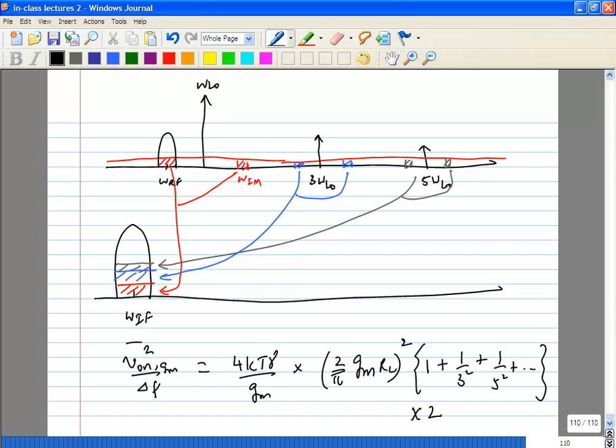So what is this? It so happens that this happens to be pi squared over 4. So this will give you a 4 over pi squared, so that will get cancelled. You have GM squared RL squared over GM, which is GM RL squared.